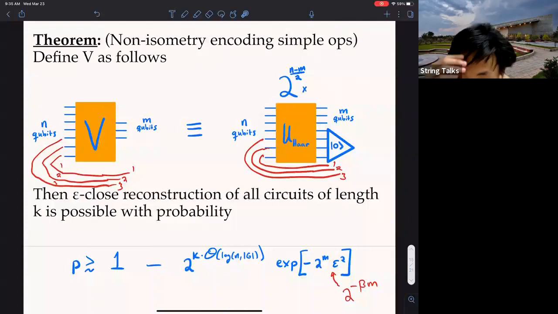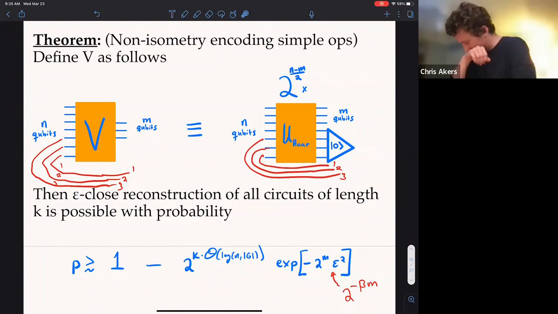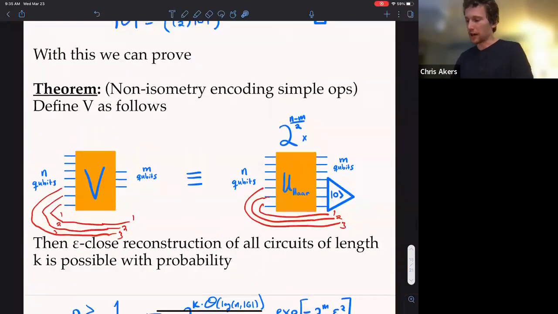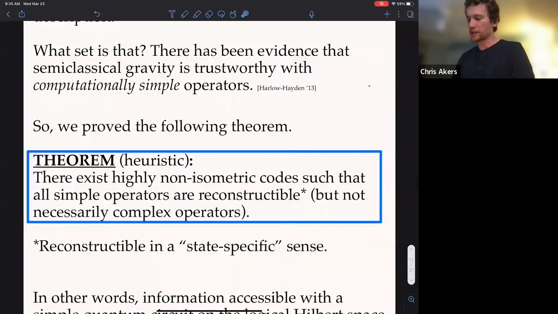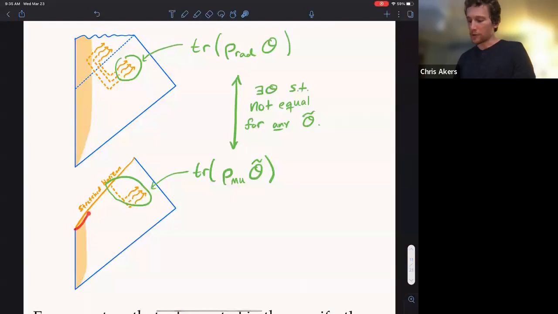I think Akhil. Hi. So in this manifestly unitary way of looking at it, do we assume the factorization of the black hole and the exterior? Yes. So I was assuming that the stretched horizon could be thought of as its own independent quantum object with its own Hilbert space, separate from the radiation Hilbert space.